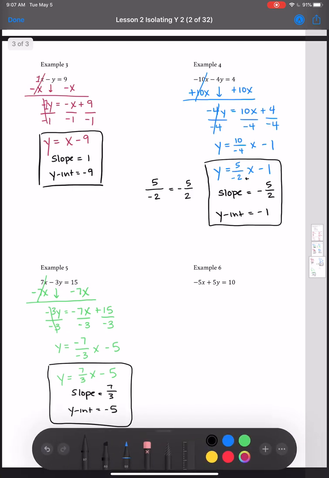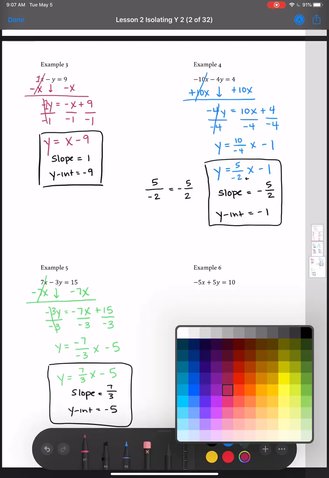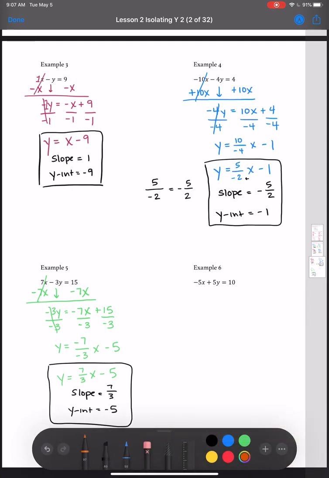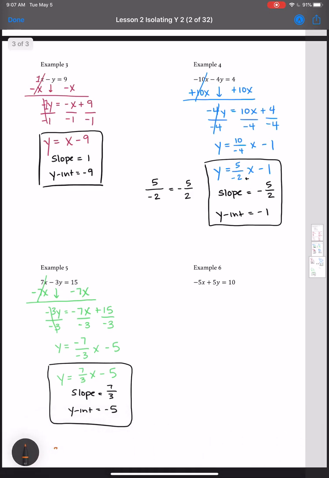All right, last example. Add 5x to both sides. 5y is equal to 5x plus 10. Divide everything by 5.